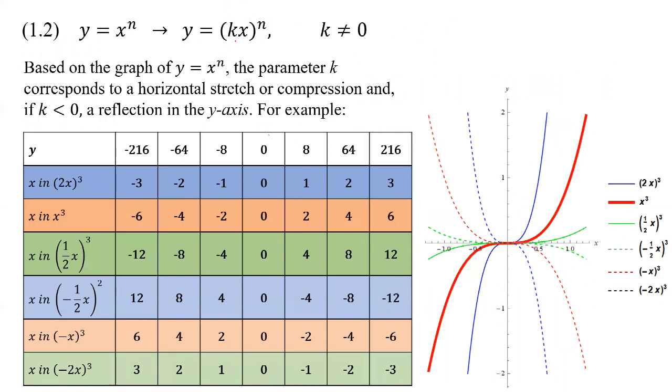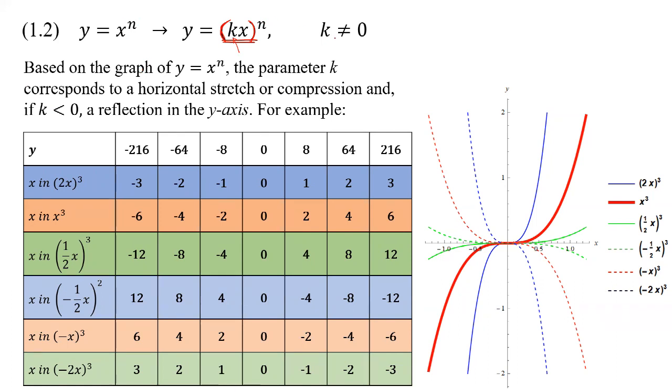That is, if we multiply a factor of k to x itself, the original function y equals x to the nth becomes: first we multiply k to x and then raise the whole multiple to the power of n. So what will the new graph look like?